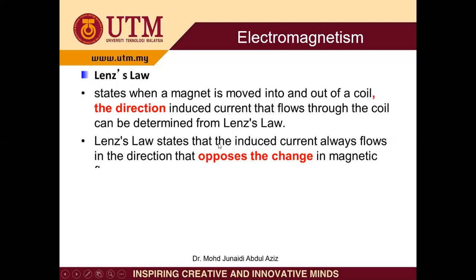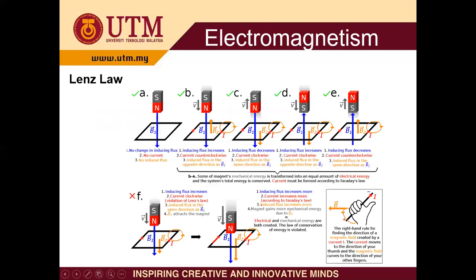Lenz's law states that the induced current always flows in the direction that opposes the change in the magnetic flux. So the induced voltage is negative, opposing the change of the flux. This can be explained through these figures.